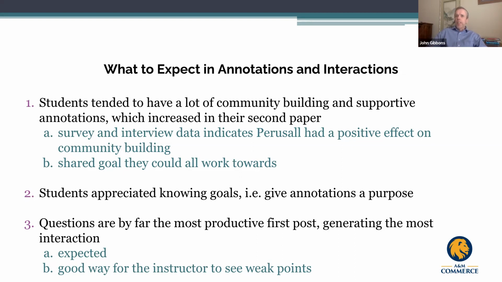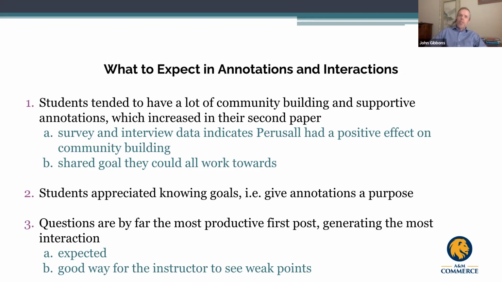They liked the fact that they knew, okay, I'm going in here with these annotations for the purpose of this review paper. And they knew what they had to do in the review paper. They knew they had to make ties to things we did in class. I had done it previously in my pilot study, using Perusall, just getting to know it in previous semesters, where I hadn't let them know that they were doing the annotations for the review paper.